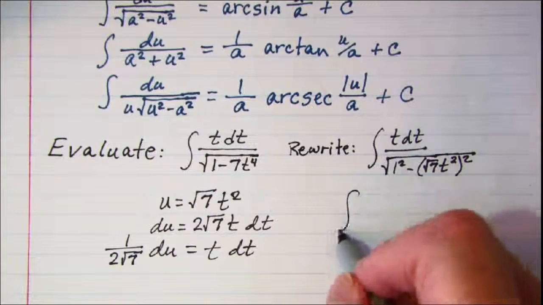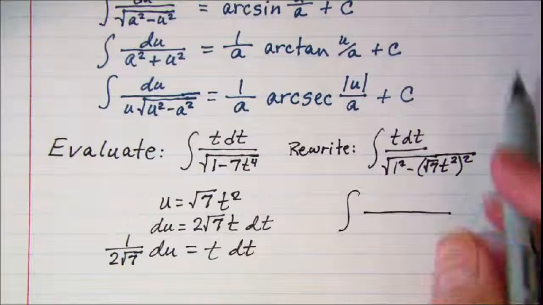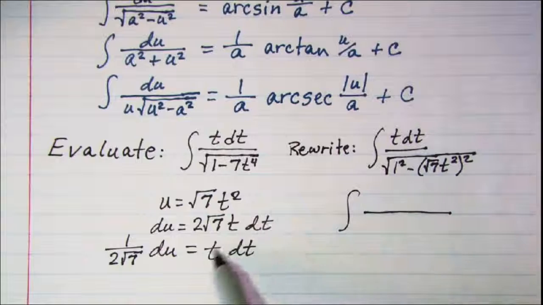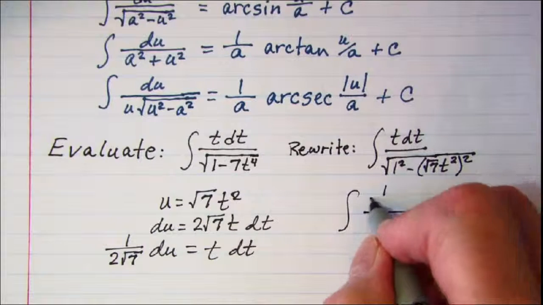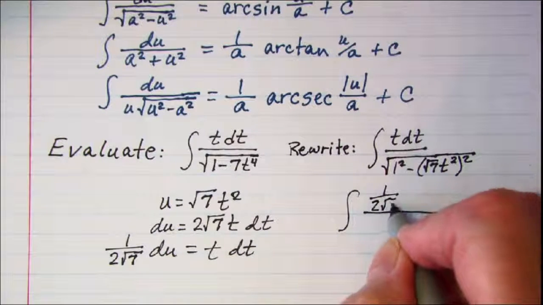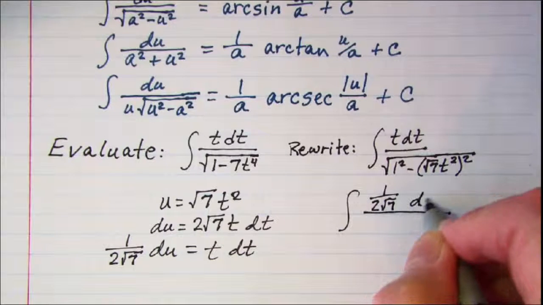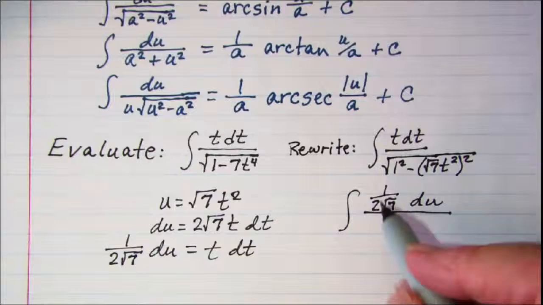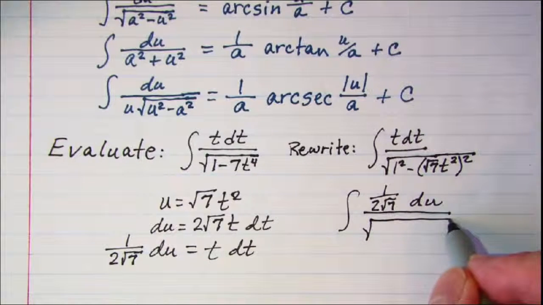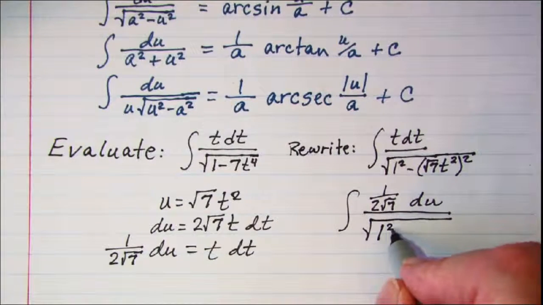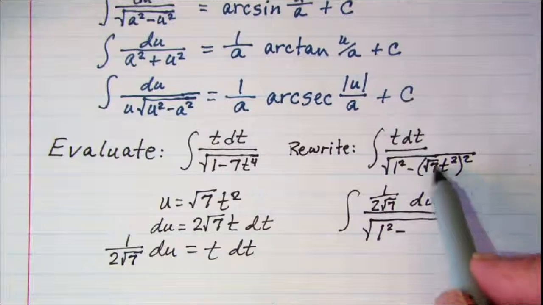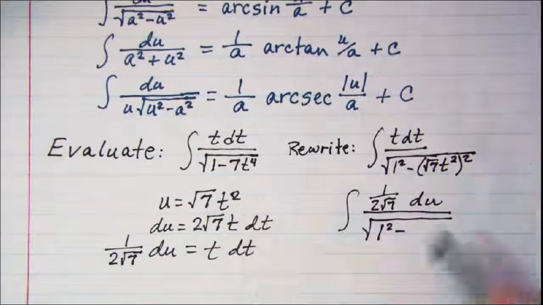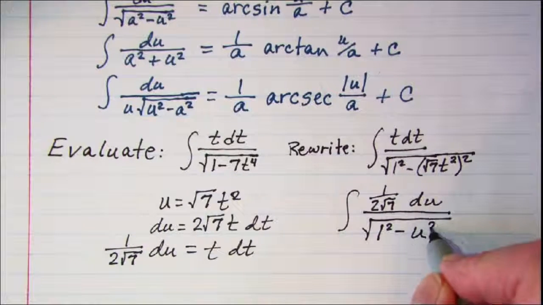This will be the integral of, and in place of t dt, I'll put in 1 over 2 root 7 du, and in the bottom I'll have the square root of 1 squared minus, and then root 7t squared, remember we said was u, so u squared here.